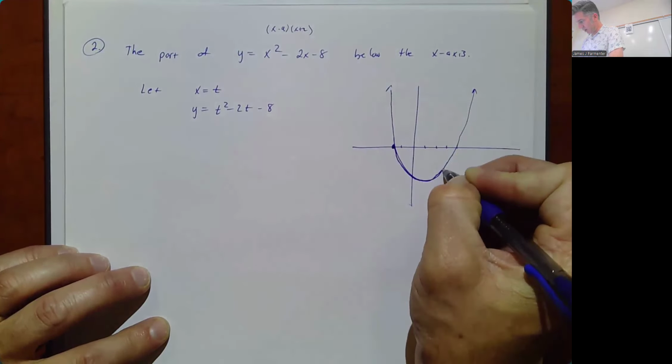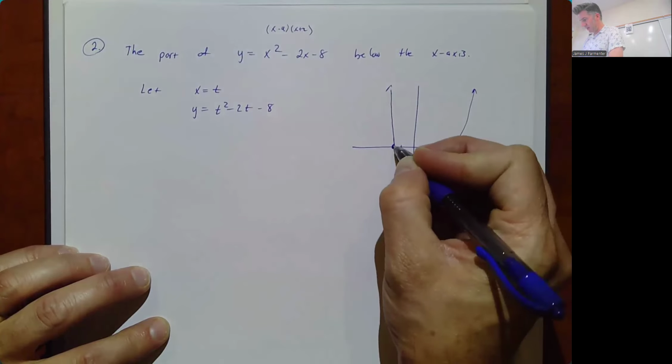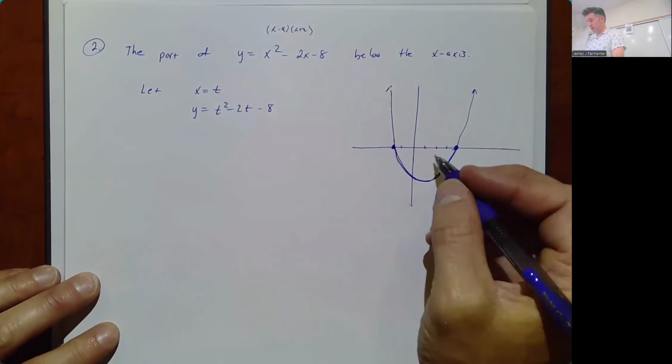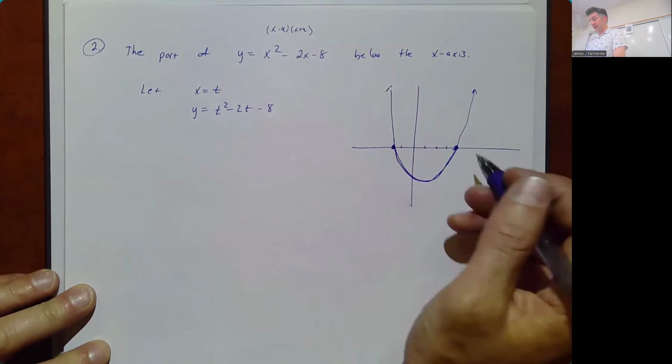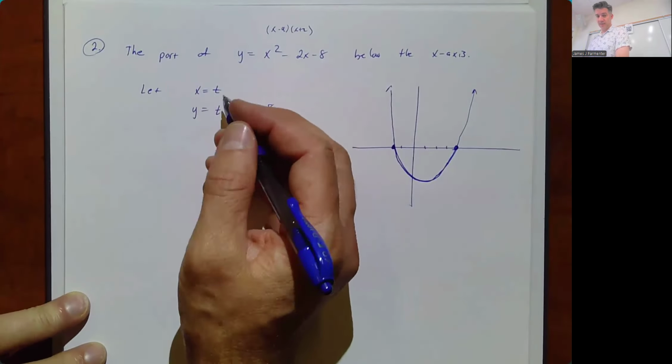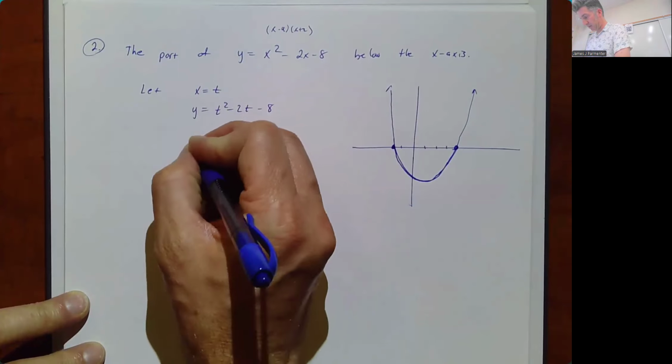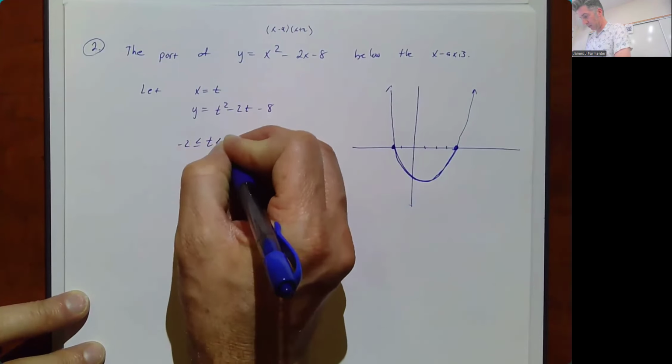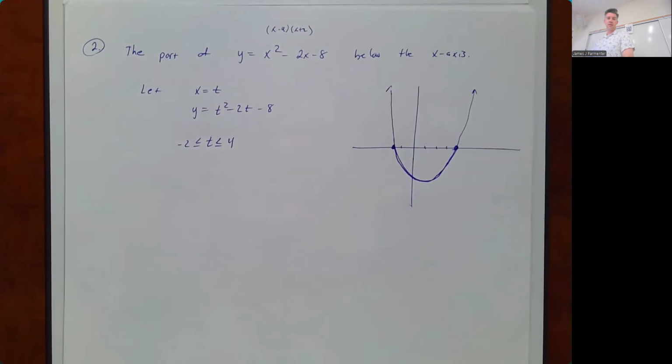So if I want just that part, x should be between negative 2 and positive 4. And since x is equal to t, I can simply say t has to be between negative 2 and positive 4. And sometimes it's really just that easy. Sometimes, again, I know I keep saying this, it's not.